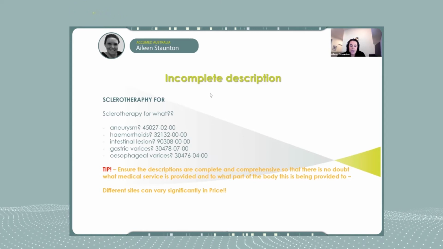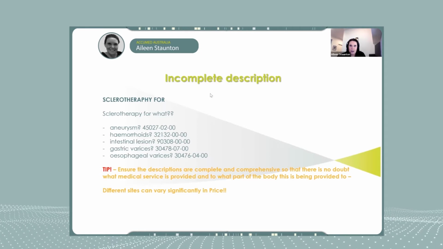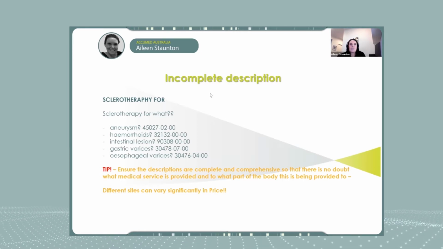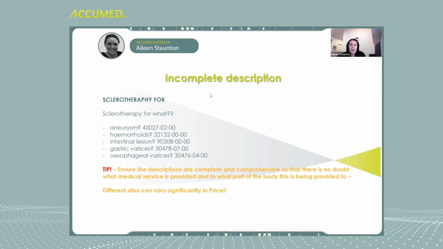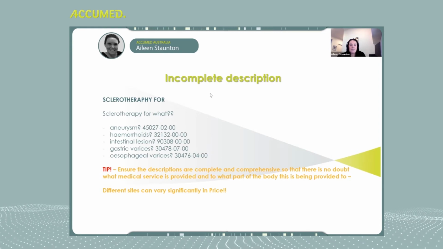Also remove anything that looks like a diagnosis rather than a medical service. These are the very first things you should do before you start the mapping process: tidy up and categorize, which will set you up for success.